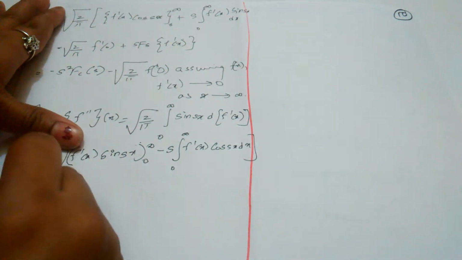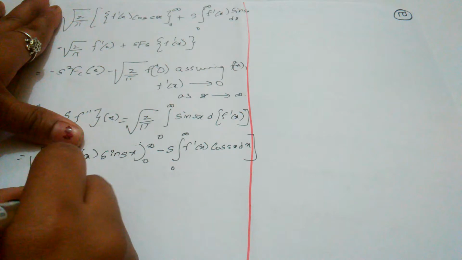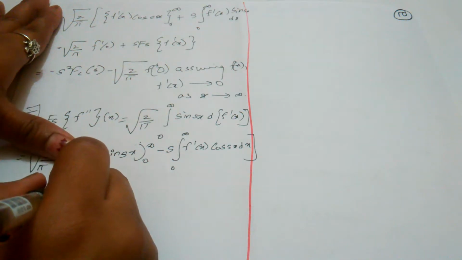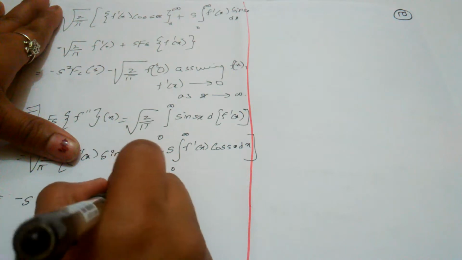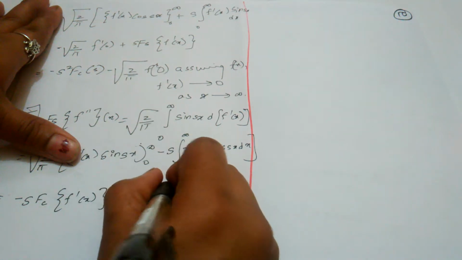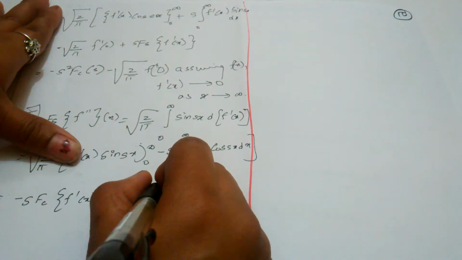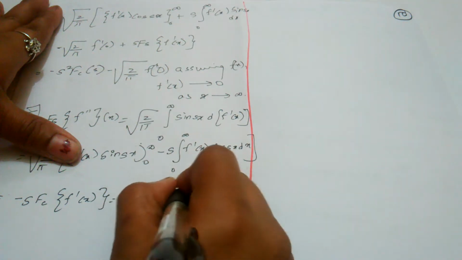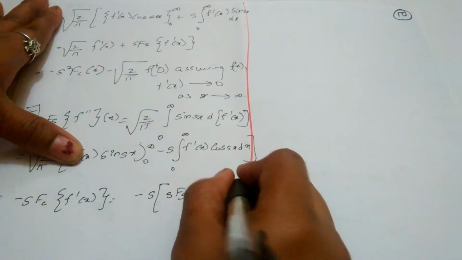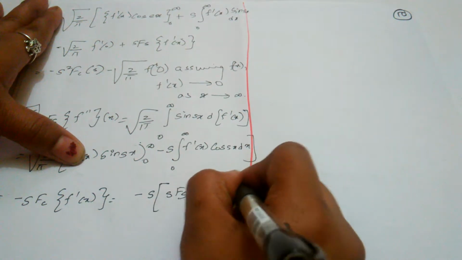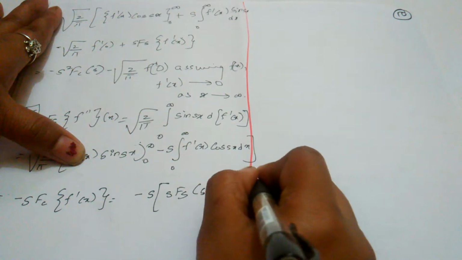So what we are getting here is minus s F_c of f dash of x, which is equal to minus s times (s F_s of f minus square root of 2 by pi f of 0).